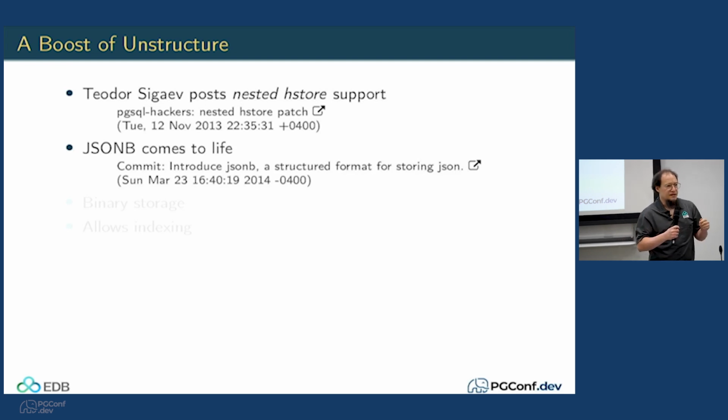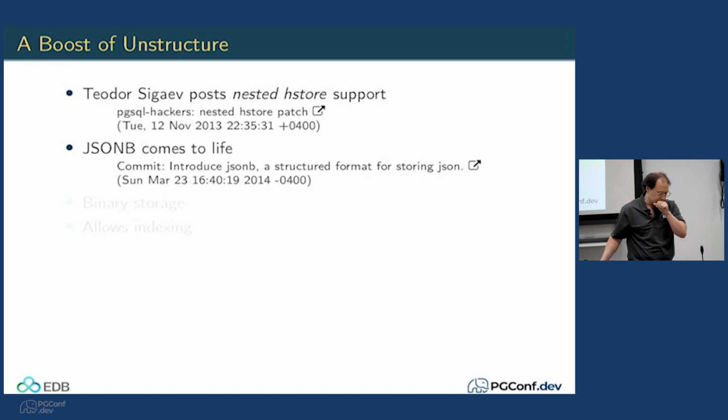So some people got involved. I think it was Andrew Dunstan that transformed the code from being an HStore implementation to become the basis for a new data type in core Postgres, and then based HStore on top of this new data type.